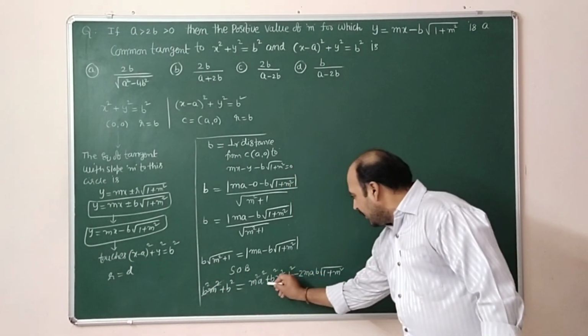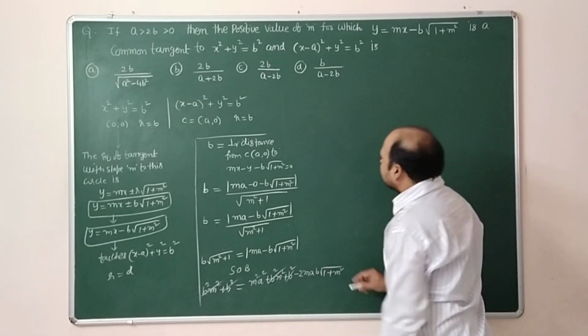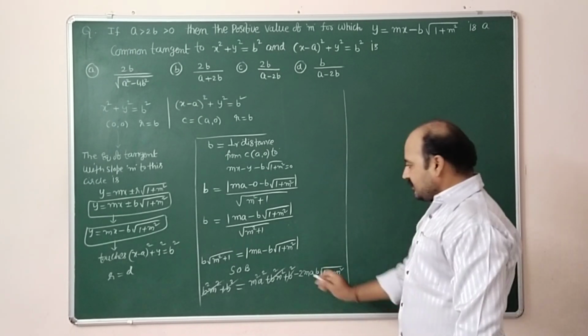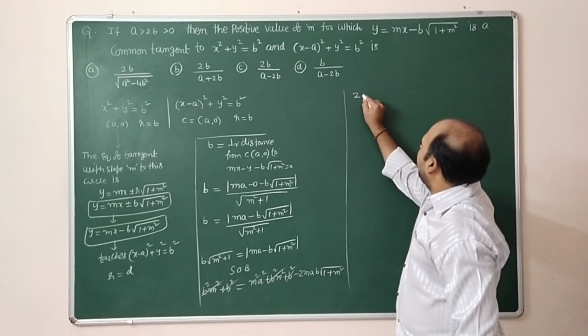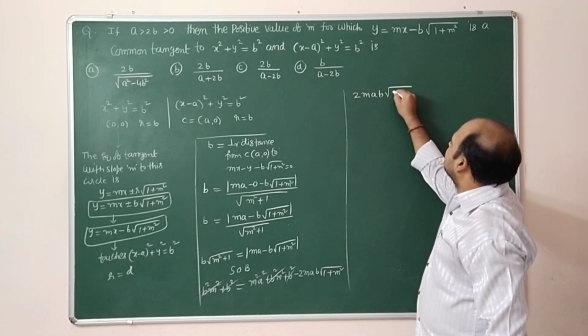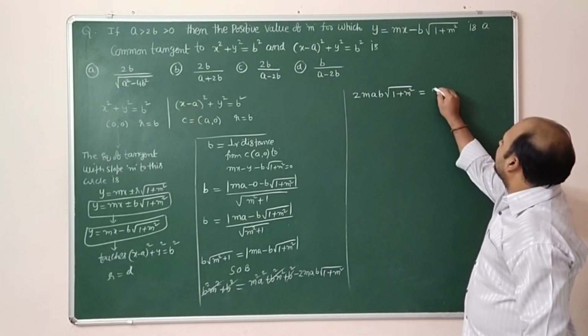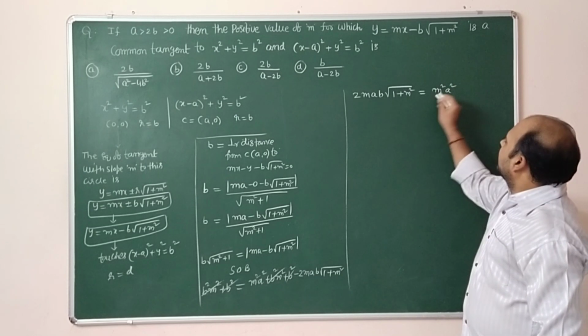Both sides b square m square and b square cancel. This minus value I am taking this side, so it becomes 2mab root over 1 plus m square is equal to m square a square.